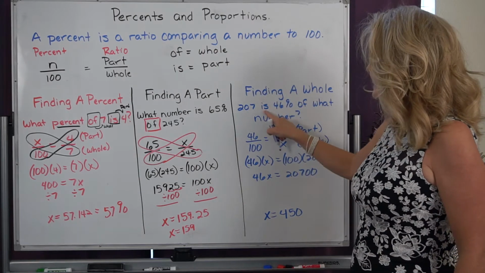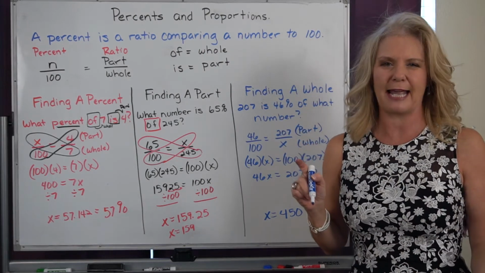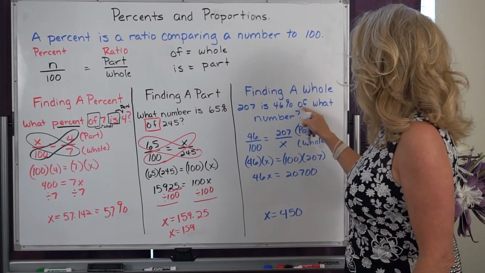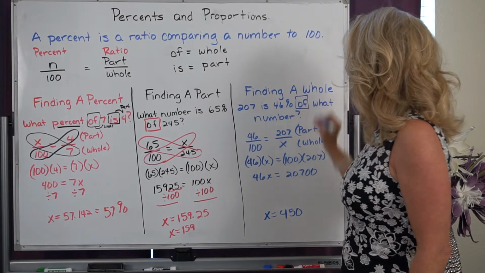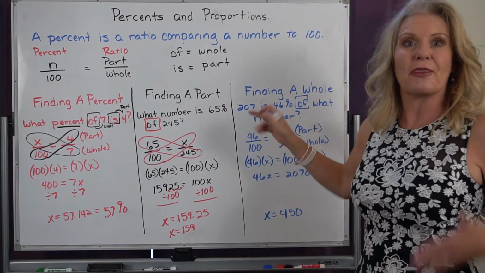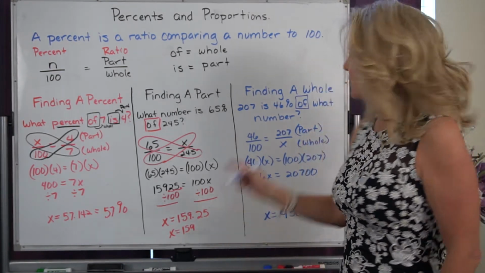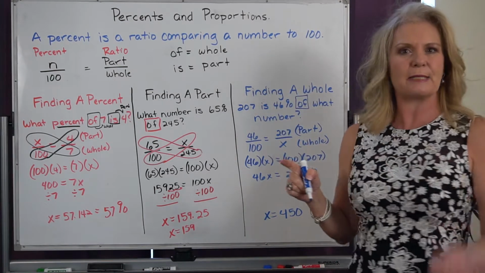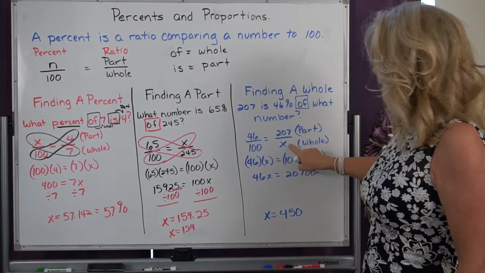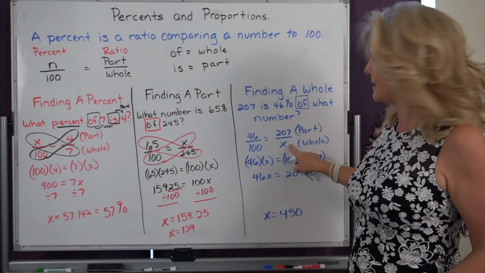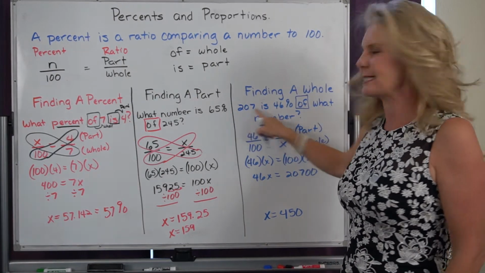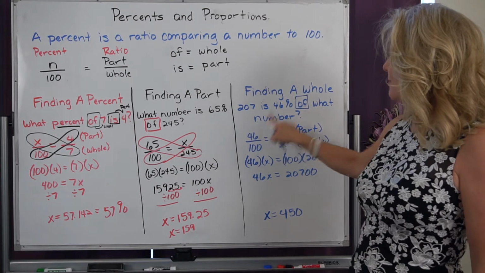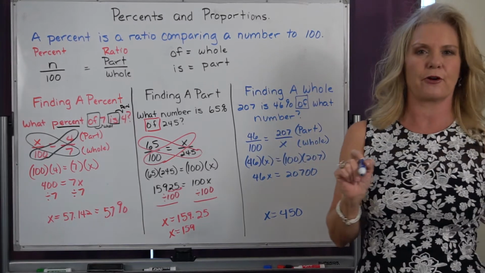Well, I see is there, but what followed it was my percent. So I'm going to keep looking, and I see the word of right here. And it says what number? That's my unknown. So I know that my whole has to be the thing that is missing. So I'm going to put an x where my whole is. That first number, 207, has to be my part, and my 46% would be 46 over 100.